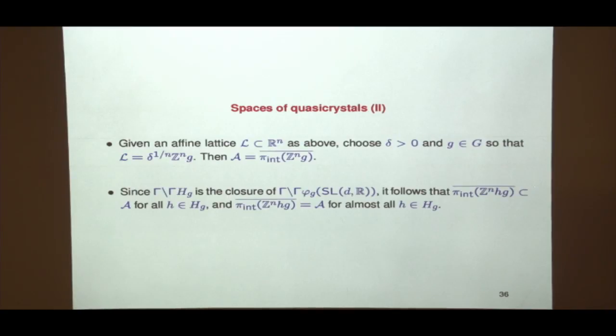Okay? Now I want to understand how the space of quasicrystals, which you can think of as the closure of your initial quasicrystal under the SL(d,R) action, looks like.